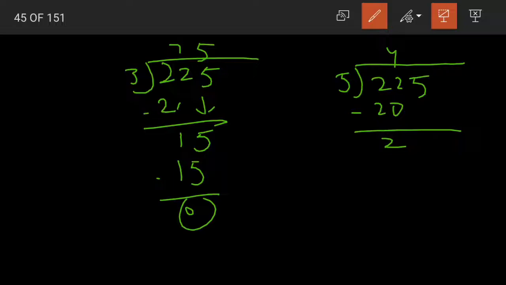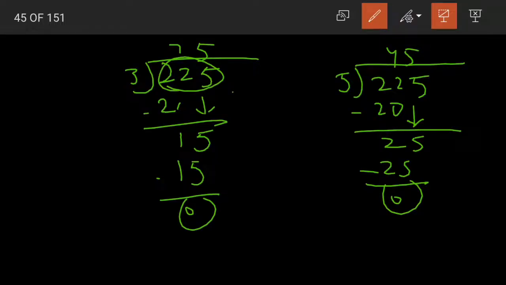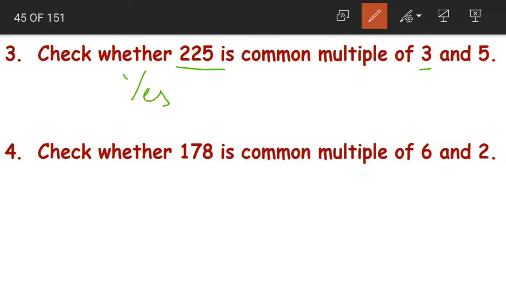When we subtract, 2 is remaining, 5 brought down. 5 5s are 25. When we subtract, 0 is remaining. So 225 is divisible by both 3 and 5. So what can we conclude? 225 is a common multiple of both 3 and 5. Yes, it is a common multiple of both 3 and 5.